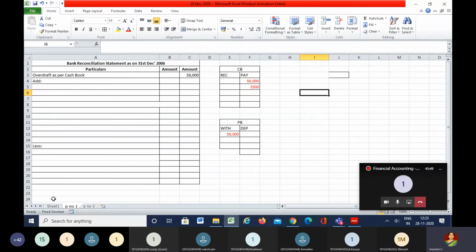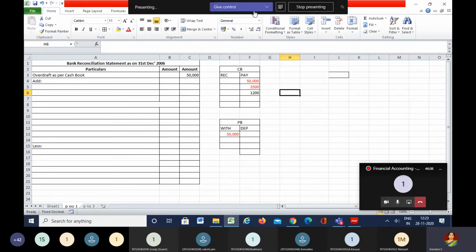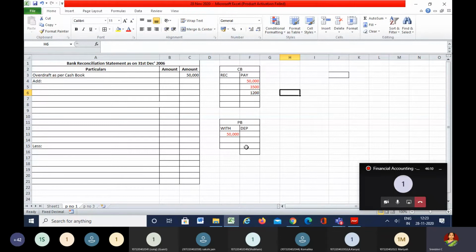But all this process has been happening after 31st of December. So as on 31st of December, what is going to happen? Already there is an issue, even towards 1,200 rupees. That means the checks have been issued over here, but they have not been presented for the payment before 31st of December 2006.